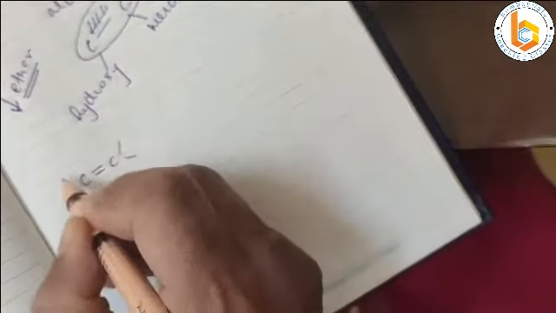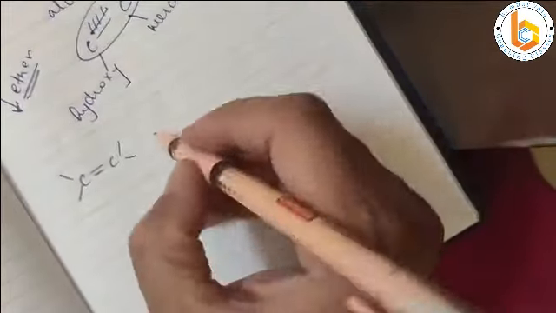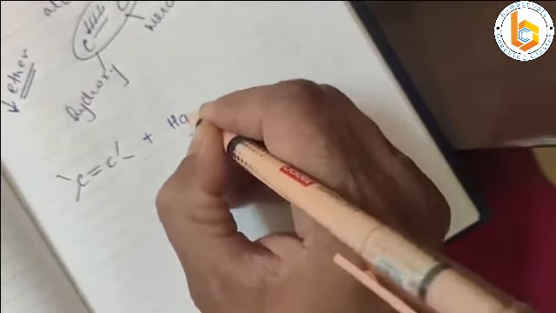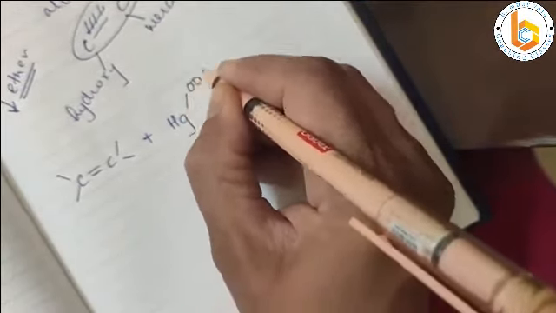Say for example we have this C double bond C, and to this we are going to add mercuric acetate. And this reaction, always remember, occurs in presence of water.